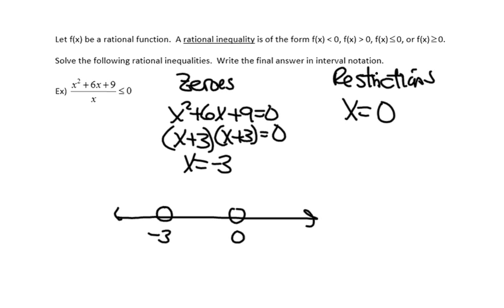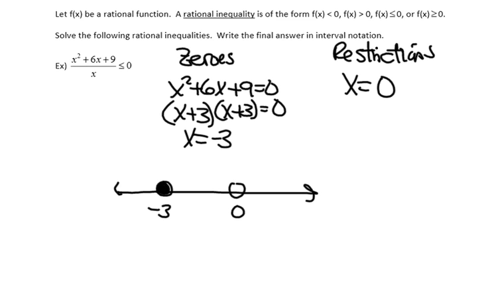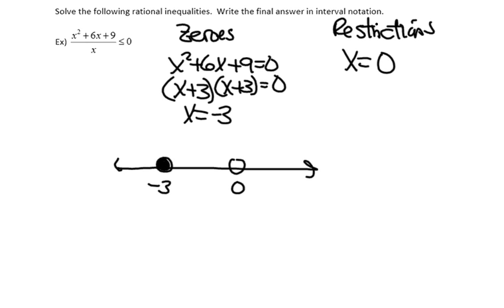Now, because -3 is a zero and the inequality sign is less than or equal to, -3 is included. Now, 0, that's never going to be included. That is a restriction. Right? So let's do test points for each interval then. All right, so let's try -4 first.